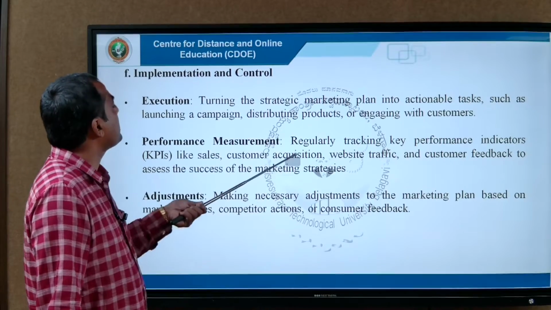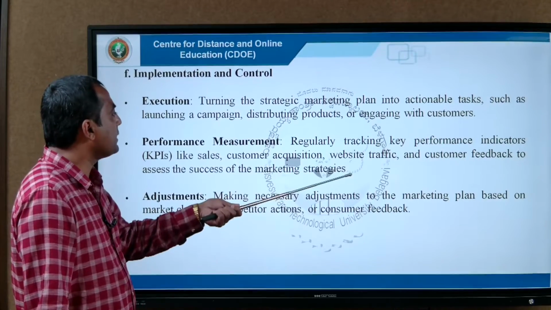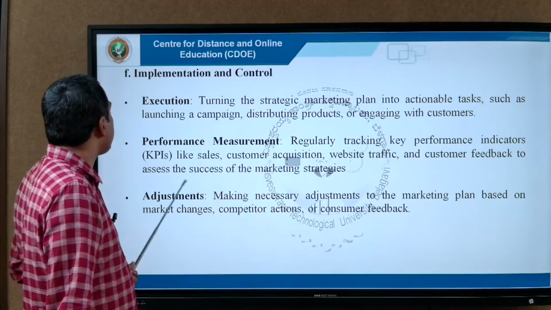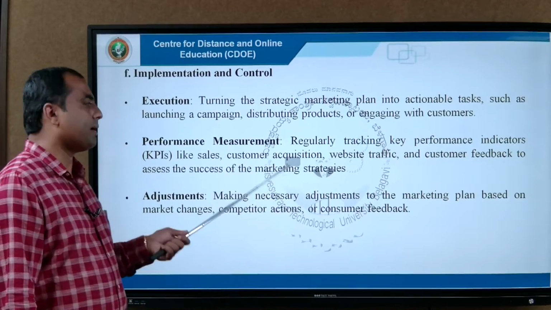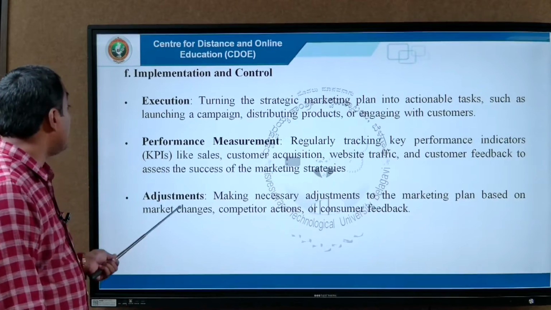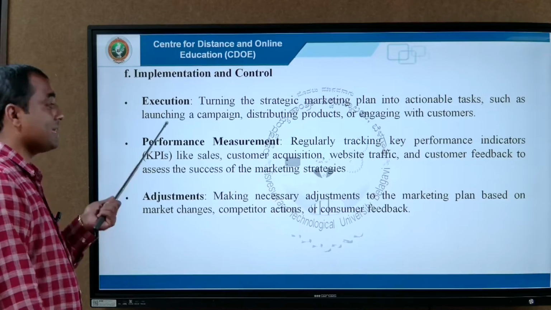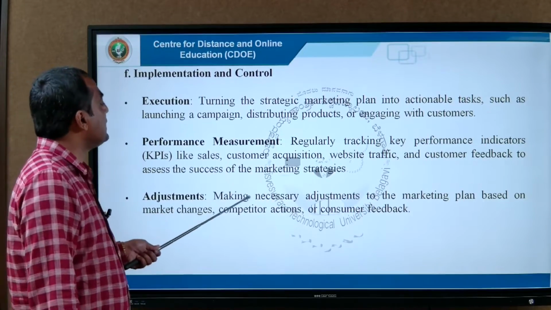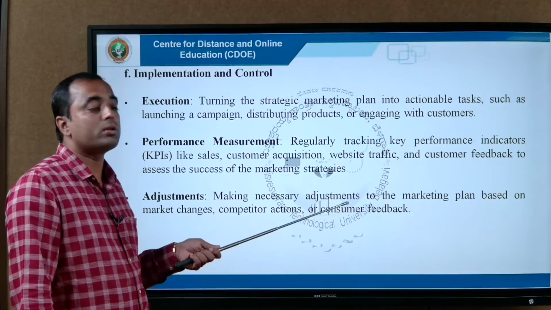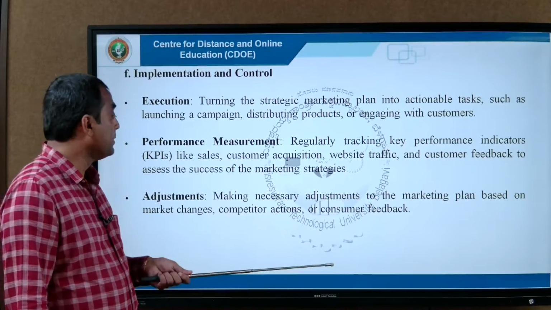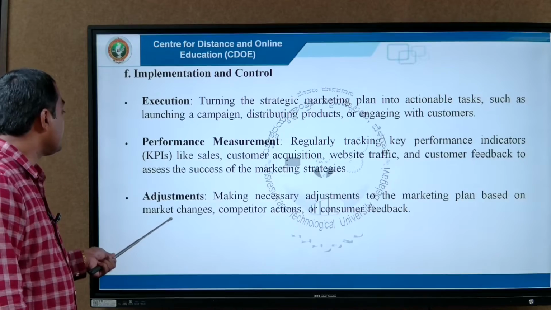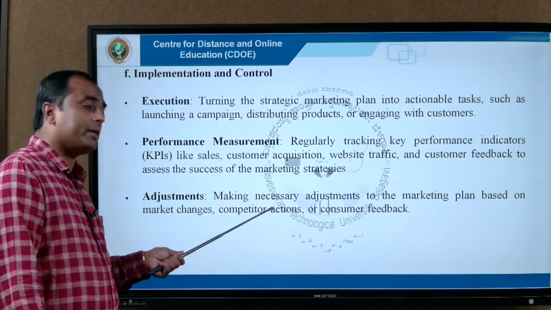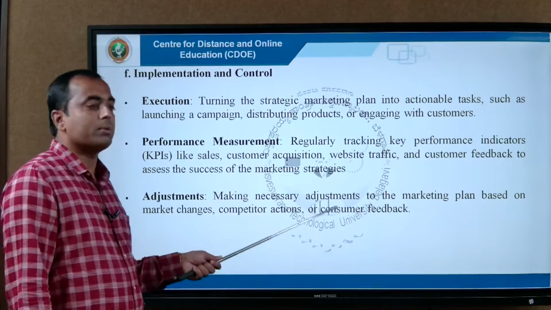Then customer acquisition, website traffic and customer feedback to assess the success of the marketing strategies. Adjustments: if necessary, make adjustments to the marketing plan based on market changes, competitor actions or customer feedback.